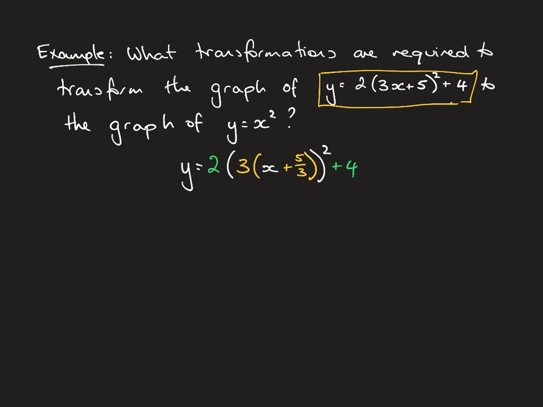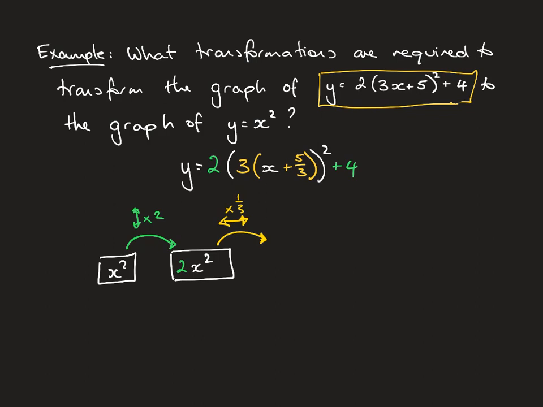So now what I'm going to do is start with my original x² graph and apply the transformation. So the first transformation that happened was it was dilated vertically by a factor of 2, and that gives me the 2x². So this is almost like the mapping. And then the next thing that happened was it was dilated horizontally by a factor of 1 on 3.